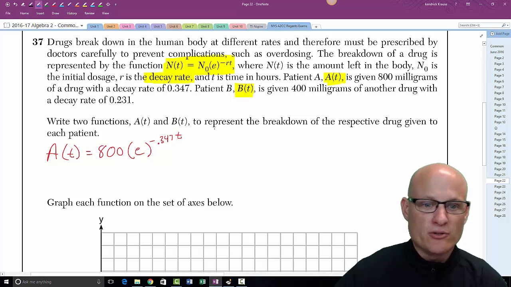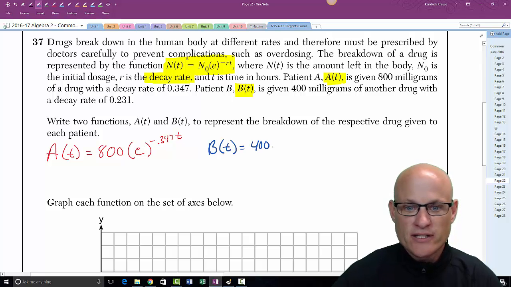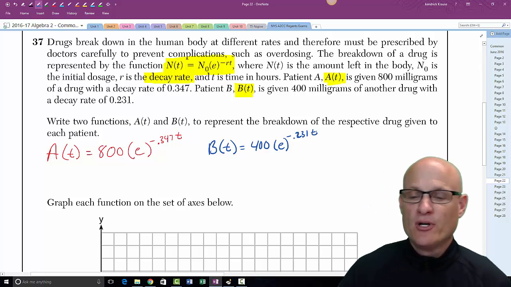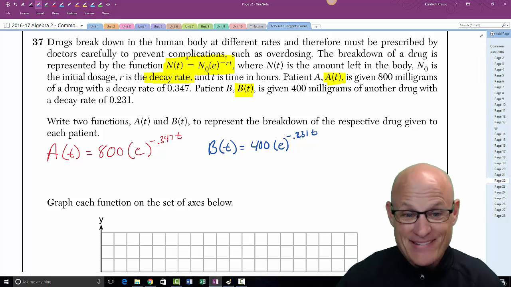B, which we'll do in blue, B of t is equal to 400 times e to the negative 0.231t. So many people thought that E was something. It's just E. It's that base E.